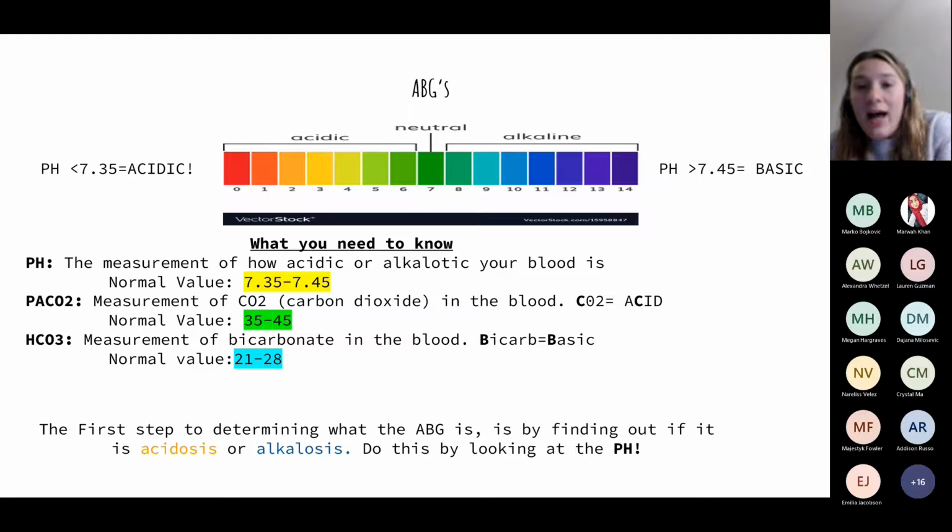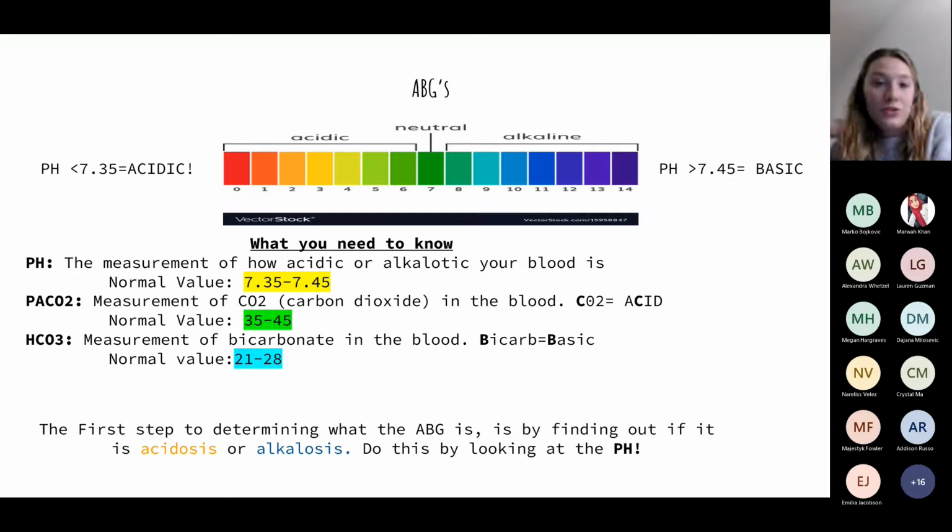If my patient has a pH of 7.04, and I had a patient today whose pH was 7.04, they will be very, very acidic, and that's not good. It alters our homeostasis. However, if our pH is greater than 7.45, let's say at 7.8, that's going to be pretty basic. So keep those factors in mind.